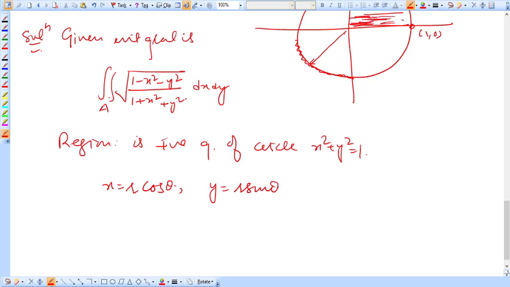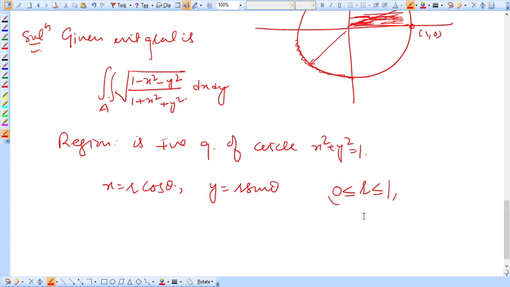So therefore you write r here, and r is varying from 0 to 1 in this region. This is the first quadrant.